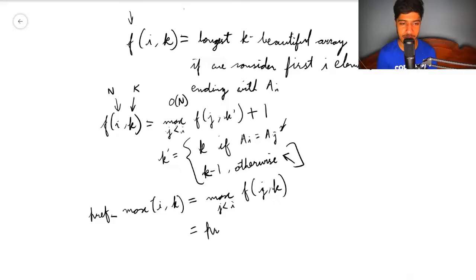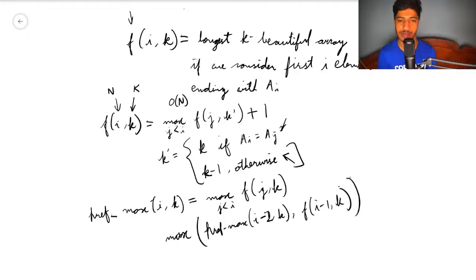It will be the max of pref max till i minus 2, k and f of i minus 1, k.